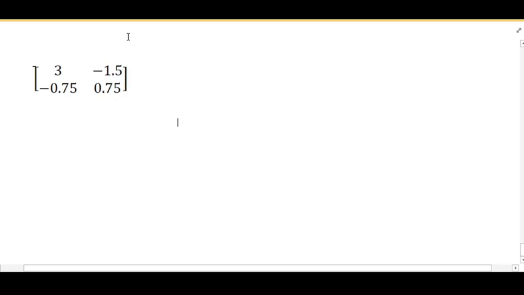So how to proceed? First of all, we'll be saying that this is equal to A matrix, the coefficient matrix, what we say.